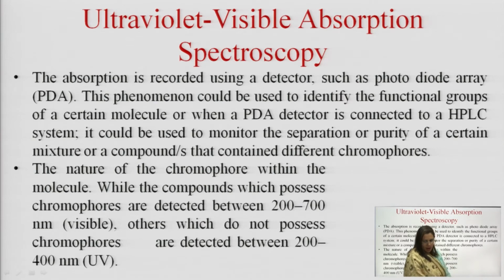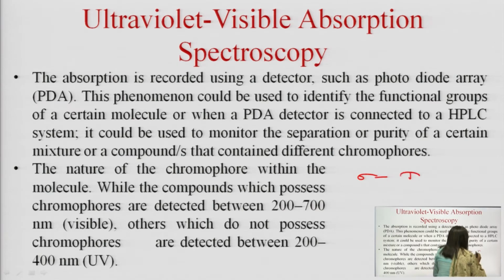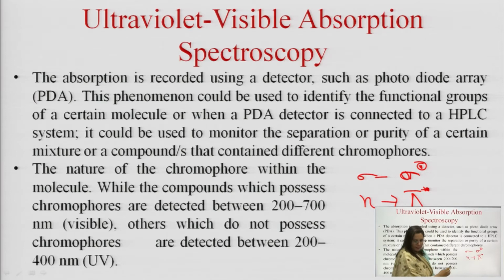There are many transitions of the electron at the electronic level. The most common and the most energy-demanding transition is from sigma to sigma star. Then we have the transition from n to pi star. We have transitions from pi bonding to pi anti-bonding.